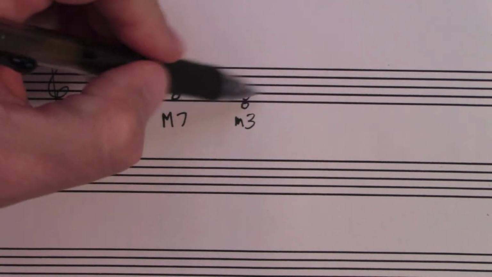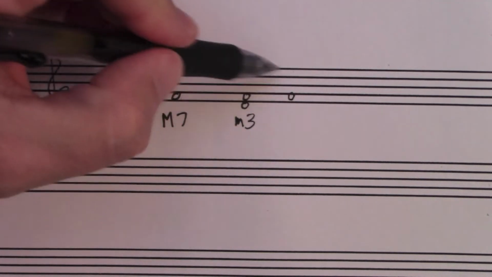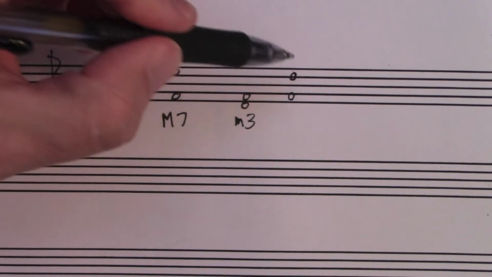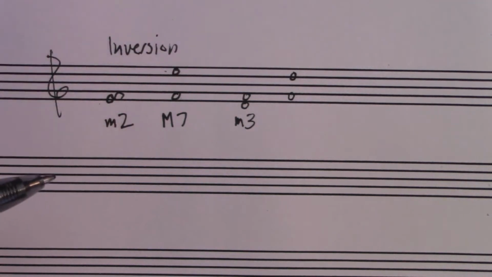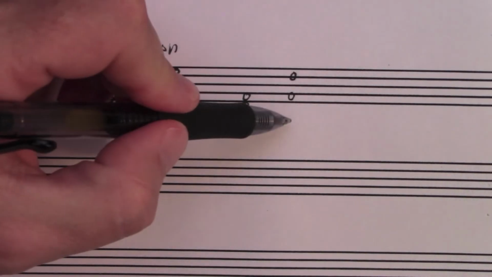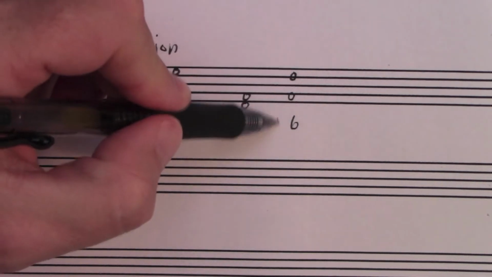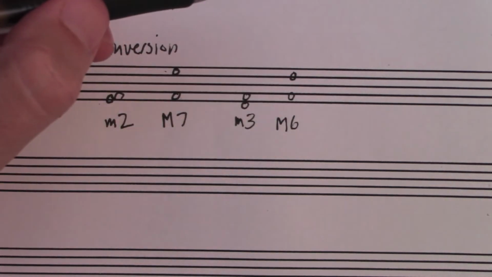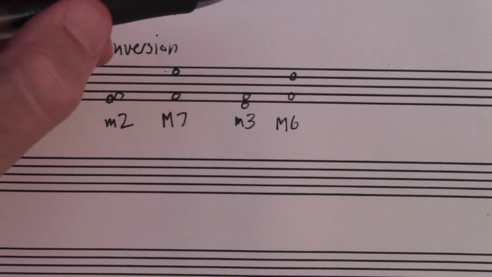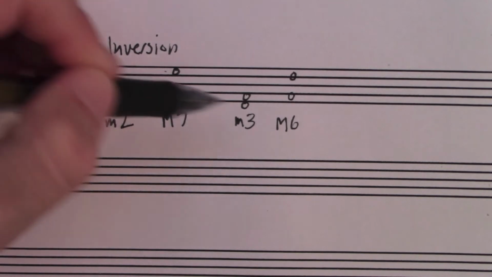So instead of D to F, we have F, put the D up top. F to D. Okay? Which gives us what kind of interval? Well, it's a sixth. And yes, it's a major sixth. Okay, do you see what's going on here?